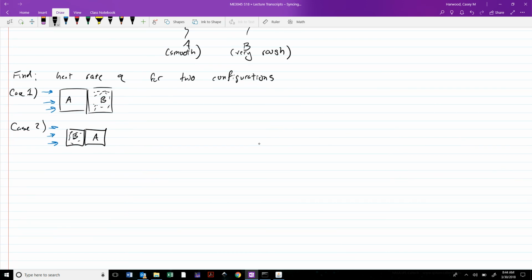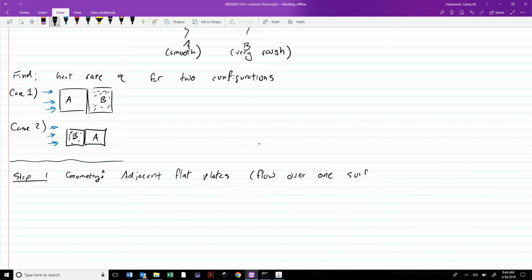So to recall the steps that we used previously, there was that step 1, 2, 3, 4 procedure. Step 1 was observe the geometry. In this case, we've got adjacent flat plates, and we'll say flow over one surface.